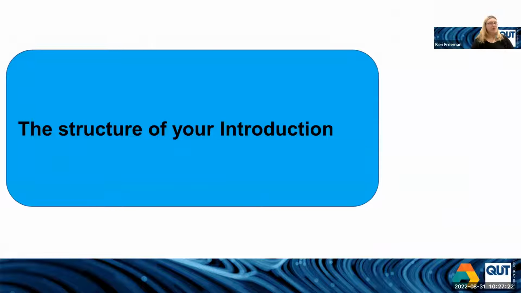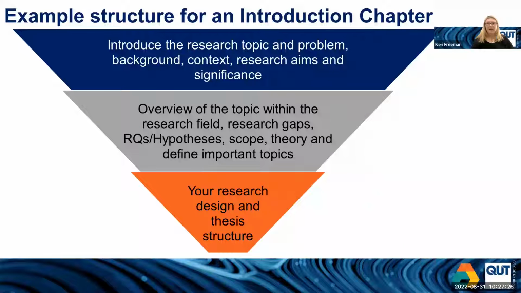All right, so the structure of your introduction. Let's go into that part. Basically, the very broad structure is an upside down triangle. You're going from broad to narrow. So you're going to start the introduction by very broadly explaining the topic, the problem, the background, context, aims, and significance, as we've already seen before.